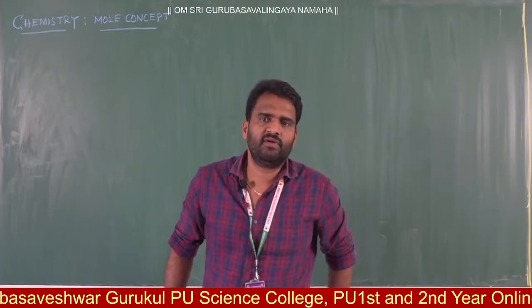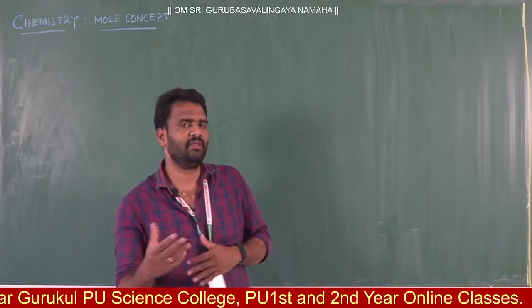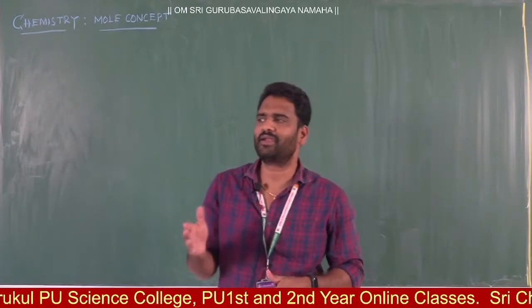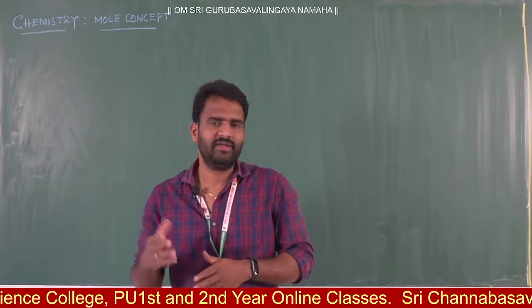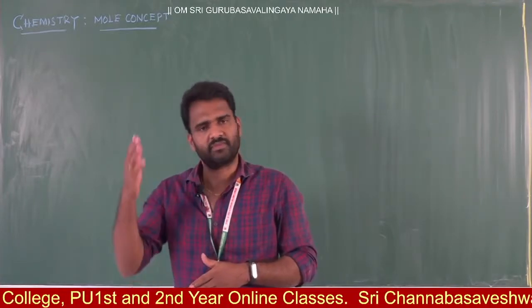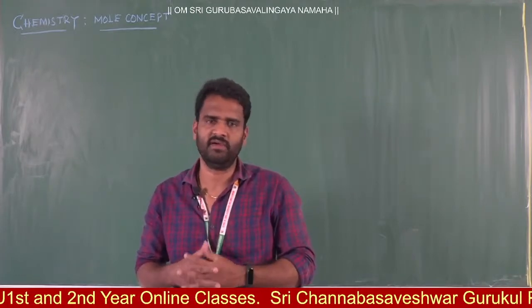If you want to know the physical and chemical properties of elements, you need to know the electronic configuration. Without knowing electronic configuration, it is difficult to predict and analyze physical and chemical properties of the elements.